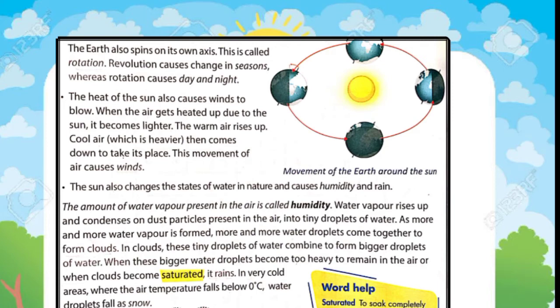As more water vapor is formed, more and more water droplets come together to form a cloud, and then in clouds these tiny droplets combine to form bigger droplets, and when the cloud becomes saturated, it rains. But in very cold areas where the air temperature falls below 0 degrees Celsius, water droplets fall as snow.